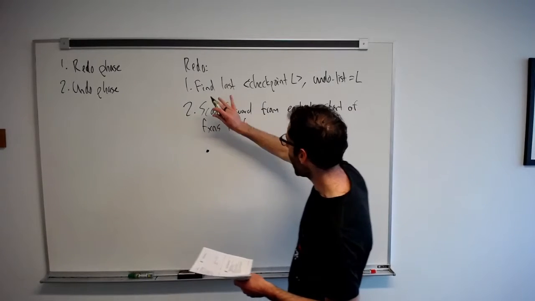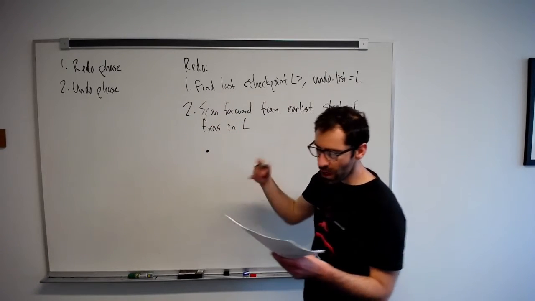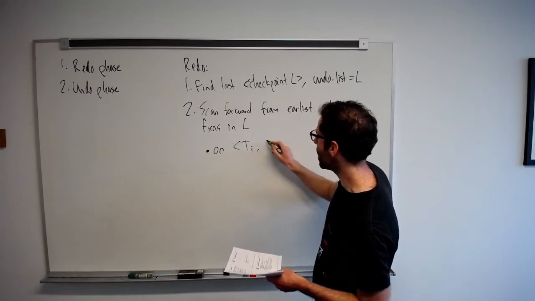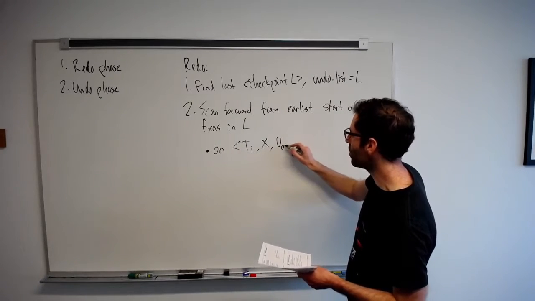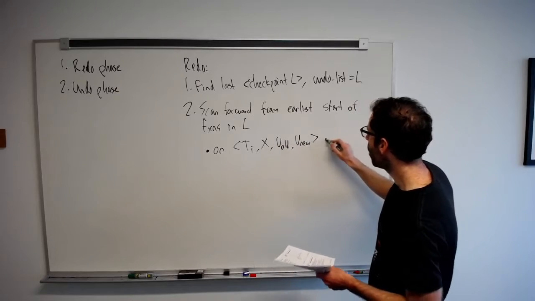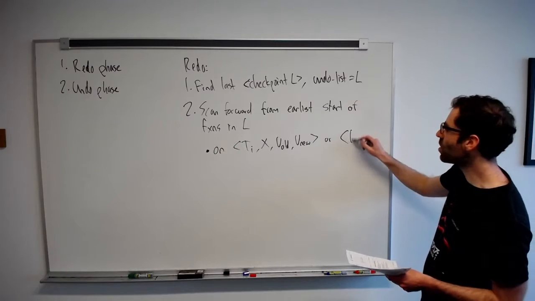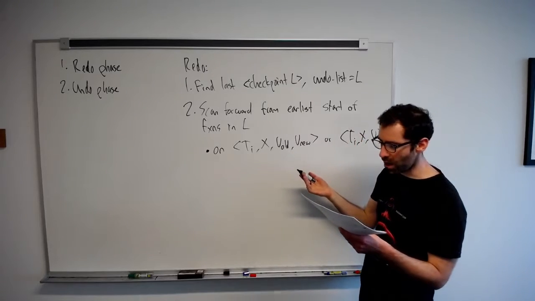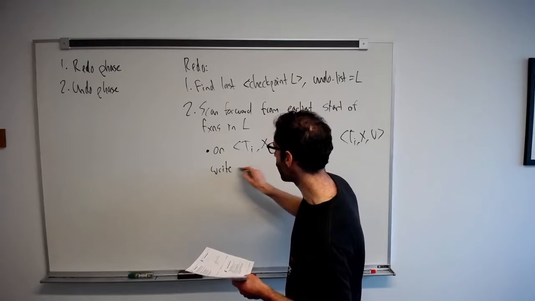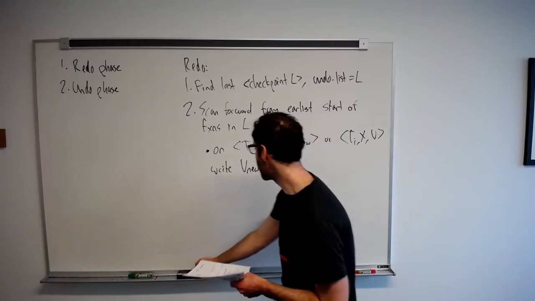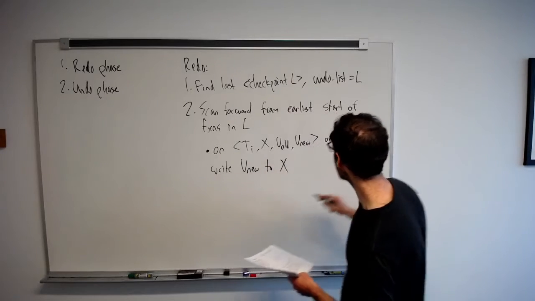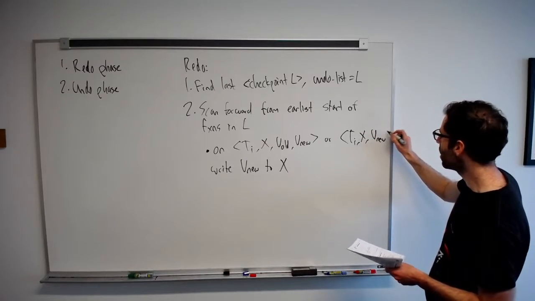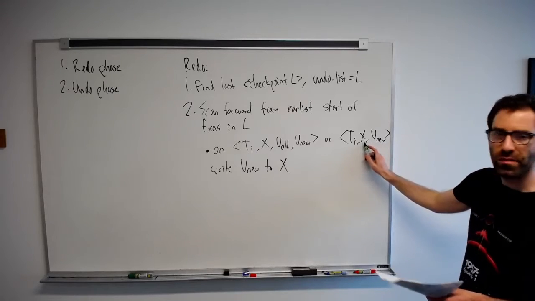And as part of this scanning forward, when we see some record T_i, X, V_old, V_new, or when we see one of those redo only records, R T_i, X, and V, on either of those, we're going to write our V new to X. I'll say this is the new value that was given to X at the point of this record.